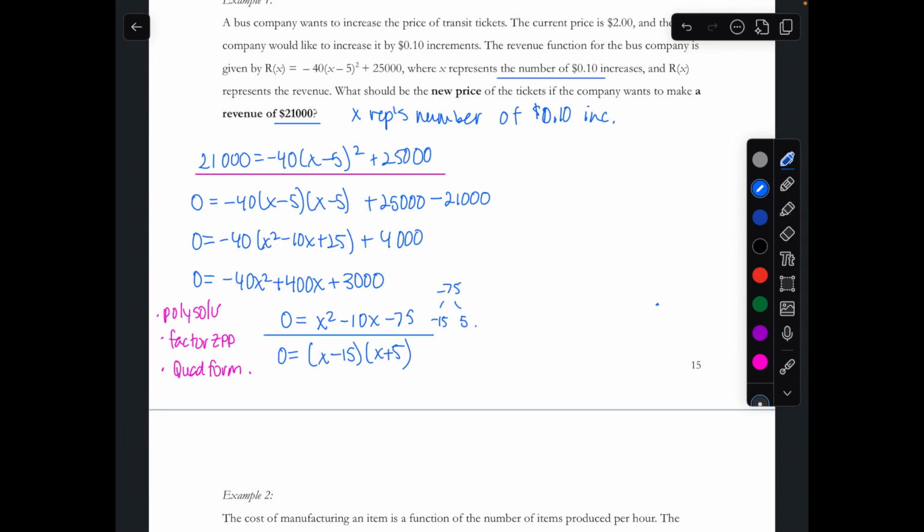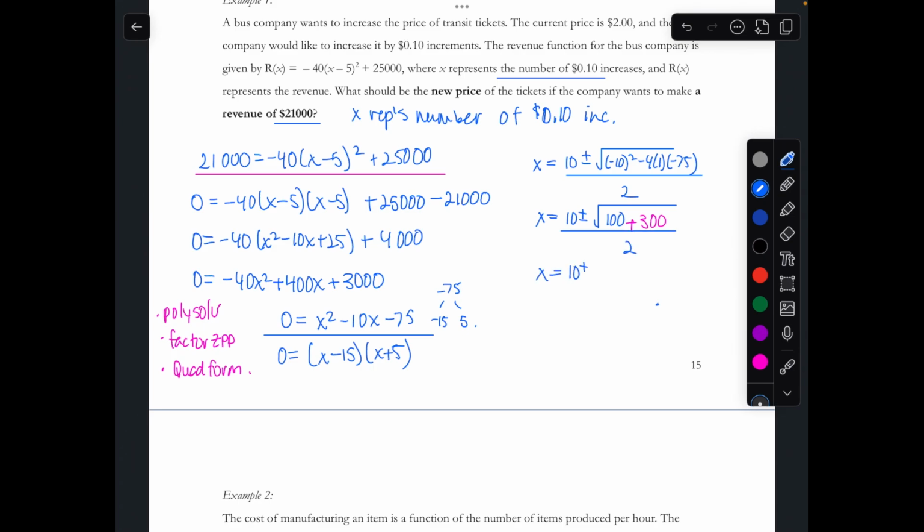Another way I could do this is using the quadratic formula, negative b plus or minus the square root of b squared minus 4ac, over 2a. And that becomes x equals 10 plus or minus the square root of 100 plus 300, divided by 2.